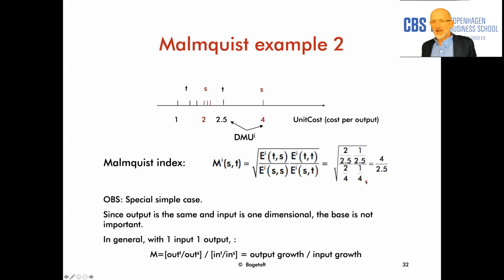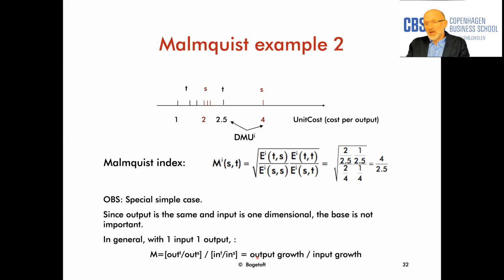This is a special case where you just have one input divided by one output. In that case, one can actually reformulate this expression so that it just becomes a question of how much the output grows divided by how much the input grows, which is very similar to what a lot of economists will normally do when they calculate some total factor productivity.